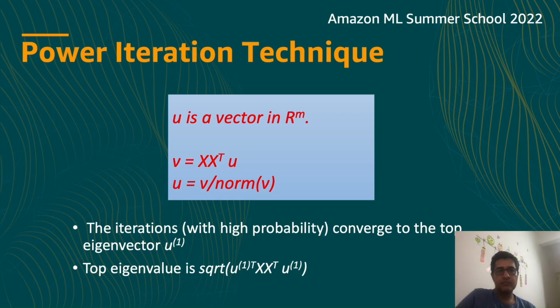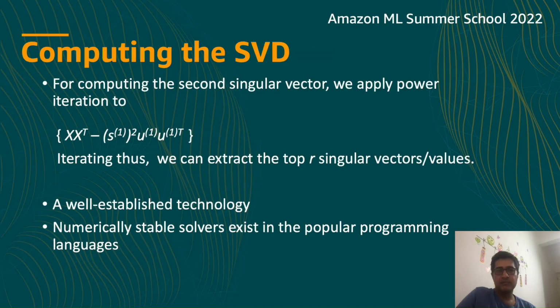Okay, so in the power iteration technique, you start with a vector in R power m space, and you have to realize that V is X X transpose times U. Then you try and find the eigenvalue, which turns out to be the square root of U transpose X transpose U. Once you have figured this out, you use a numerical technique to get to this particular value.